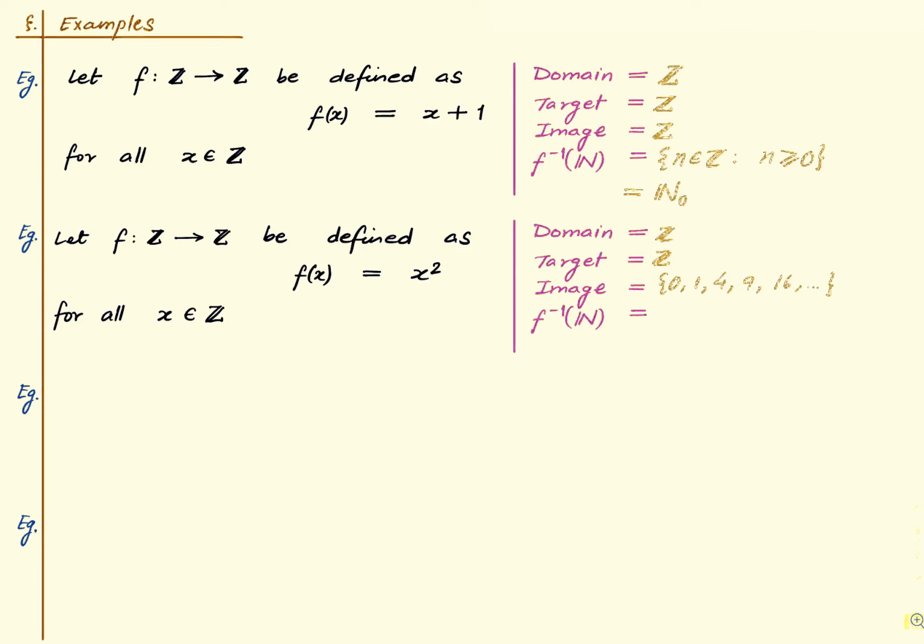And now the question is, what is the preimage of all the natural numbers? So what are the things in the domain which map to a natural number under f? The only thing here which does not map to a positive integer is the number 0, because as soon as you feed it anything, either negative or positive, you get something positive. And hence, the preimage of N is everything in the domain except the integer 0.